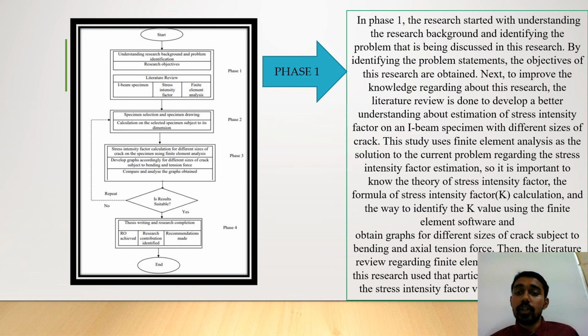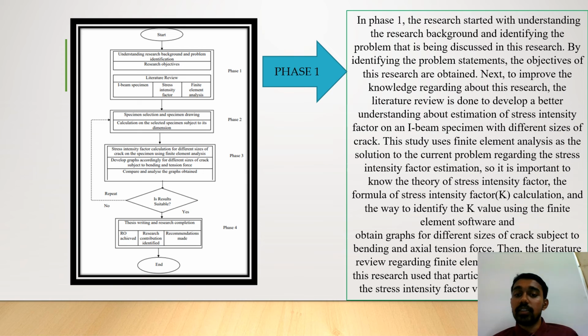Next, to improve the knowledge regarding this research, the literature review is done to develop a better understanding about estimation of stress intensity factor on an aluminium I-beam specimen with different sizes of crack. This study uses finite element analysis as the solution to the current problem.